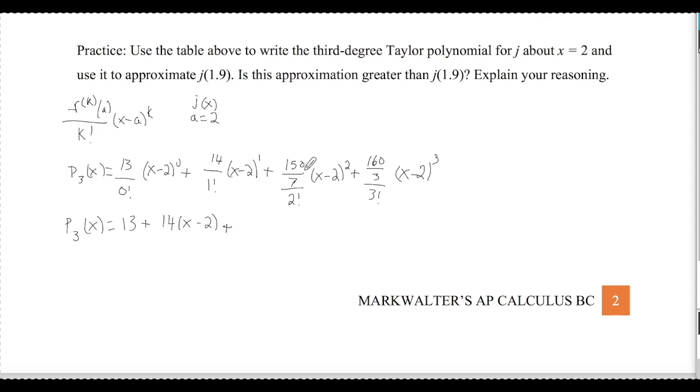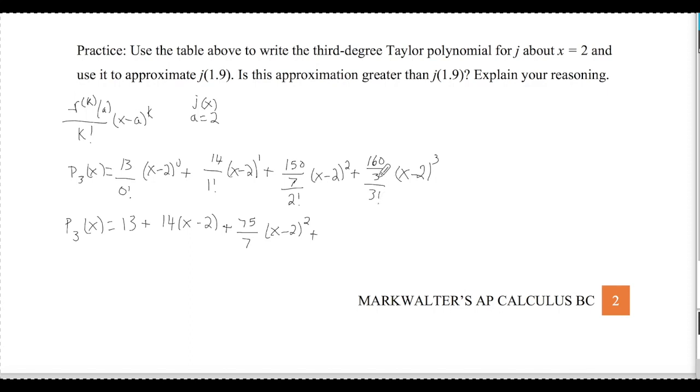That's what a Taylor polynomial does. So 150 divided by 7, divided by 2 factorial, which is 2, is 150 divided by 14, which simplifies to 75 over 7, times x minus 2 squared, plus, let's see, 3 factorial, that's 6.